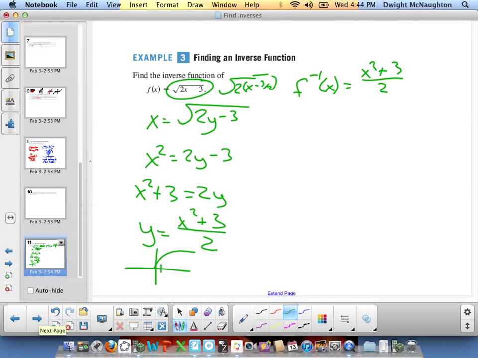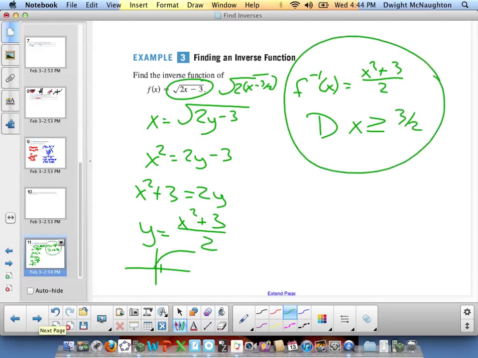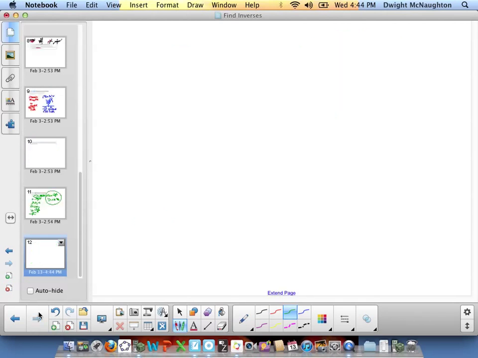We're shifting to the right 3 halves. So this domain, x, is greater than or equal to 3 halves. There's our inverse.